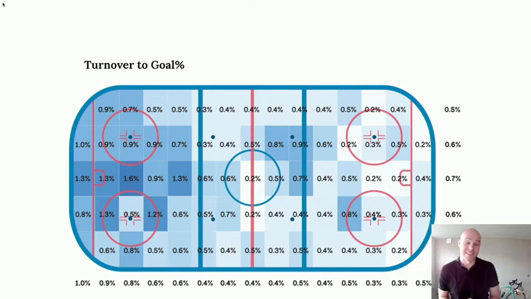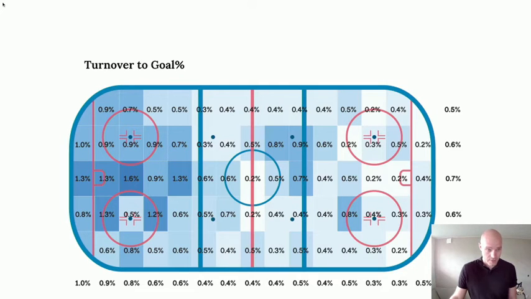But here it gets interesting, where we dig into the location of the puck drop by making smaller zones. The central side of things is the most dangerous, as it seems. 0.7% of all puck drops in the central part of the ice turn over to goals against.